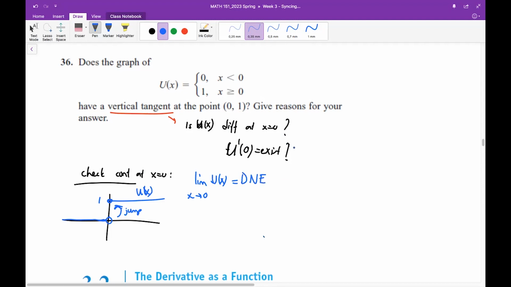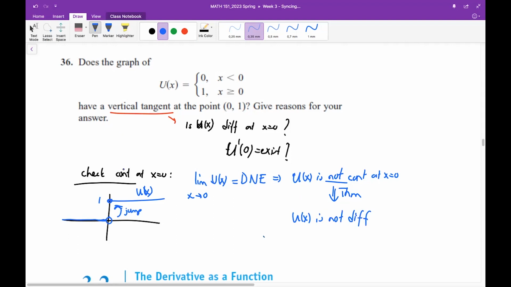Meaning that, is it continuous or not? It is obviously not continuous at x equals 0. If it is not continuous, there is a theorem saying it is directly not differentiable. If not continuous, there is nothing to do. This is a theorem.